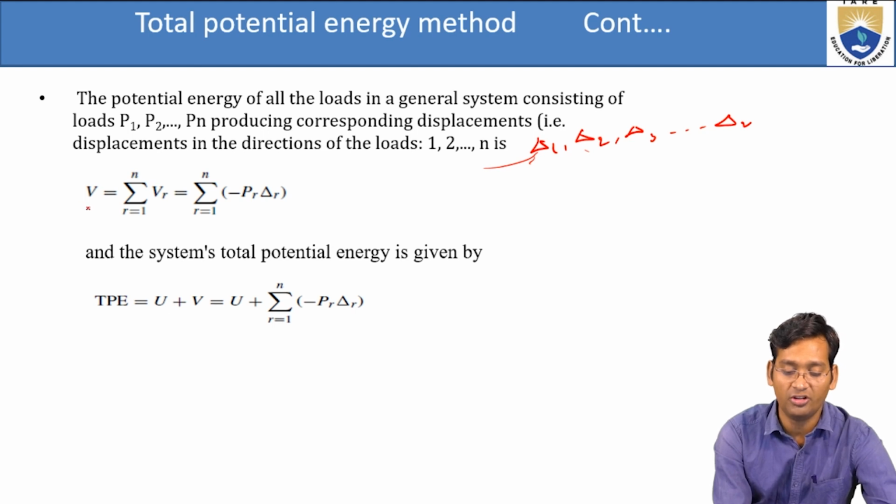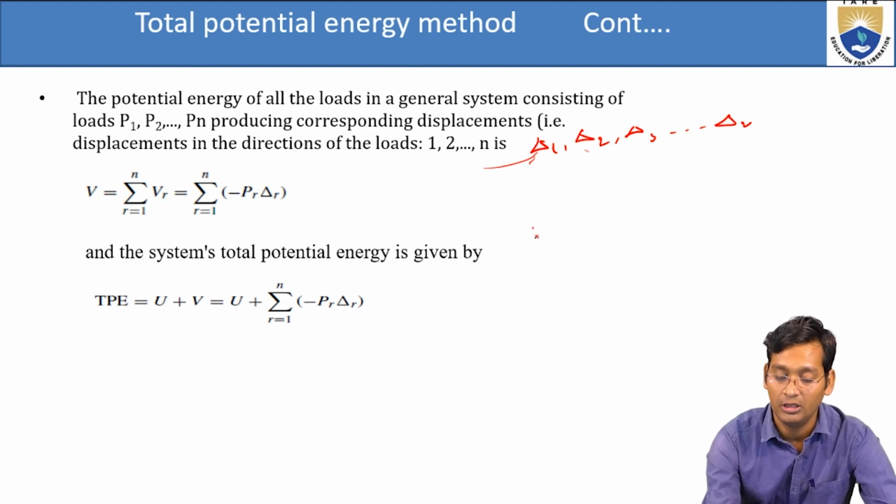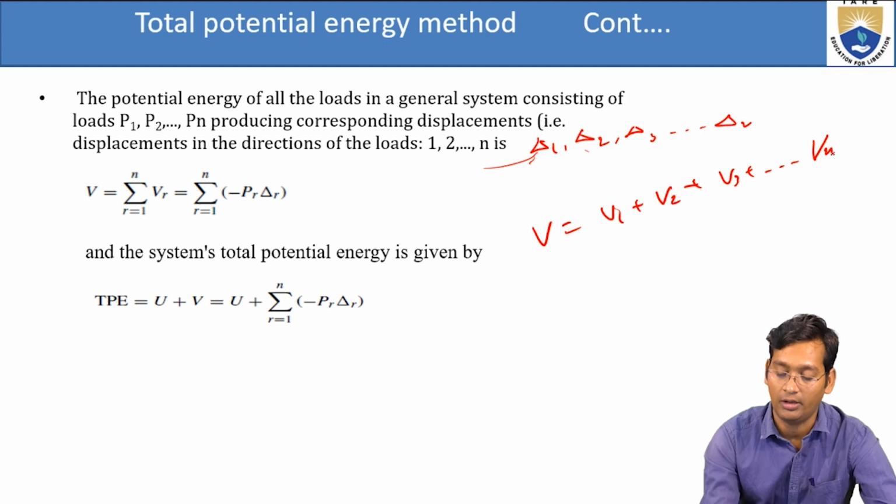So then what will be the potential energy? V is V1 plus V2 plus V3 plus so on up to Vn. What is V1? V is minus Py, right?